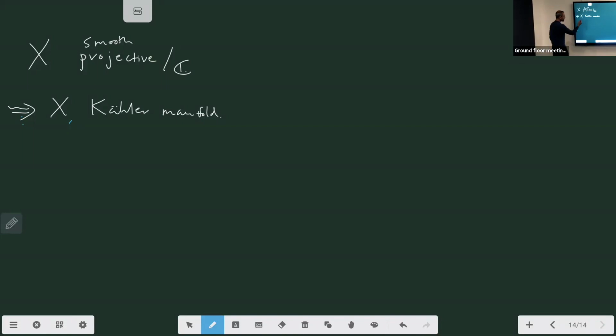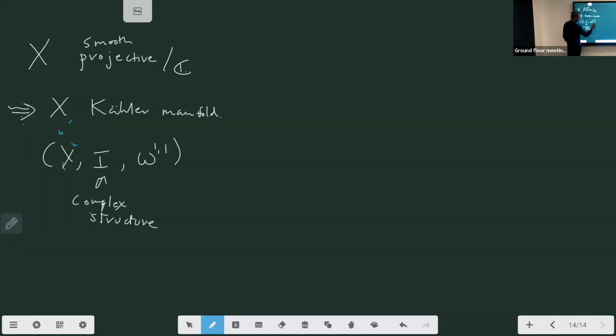So these two topological field theories, a Kähler manifold is given by a triple X with a complex structure and a Kähler form. And this is symplectic structure.